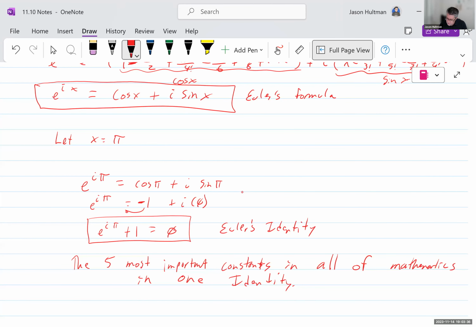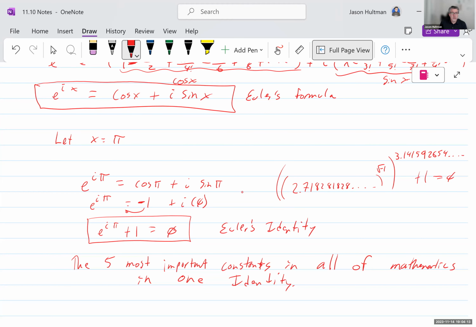So what this really says is, if I take this number 2.718281828 that goes on forever, and I raise it to the square root of -1 times 3.14159264 forever, if I put these 3 really weird numbers together and I add 1 to it, I get 0.